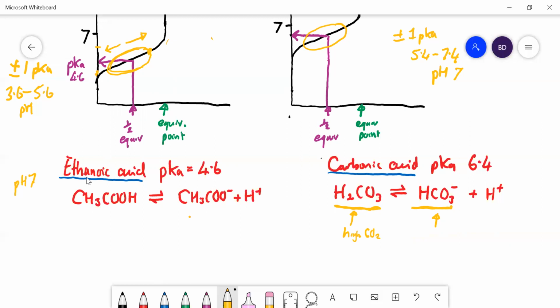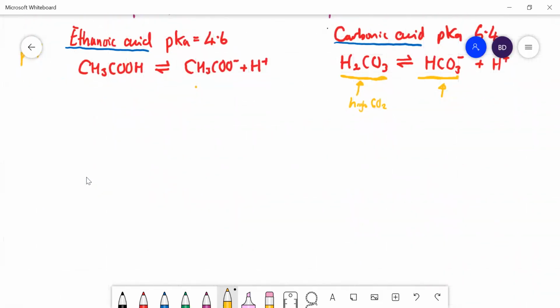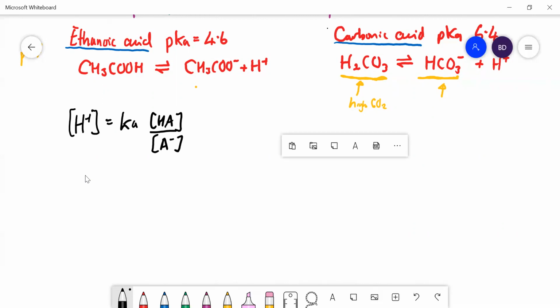Right, let's go and do a little bit of maths on how that works out then. So if we get our equation, H+ concentration is equal to Ka times HA over A minus. Now, for a buffer to be good, you need lots of HA, and you need lots of A minus. It's no good having too much of one or the other.